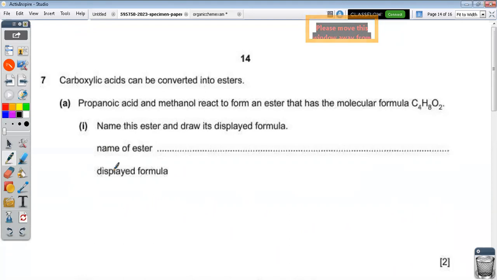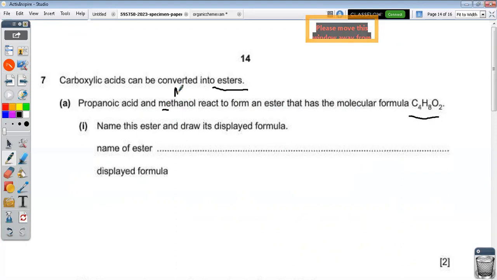Carboxylic acids can be converted into esters. Propanoic acid and methanol react to form an ester that has this formula here. Give the name. I explained the other day that because we're saying propanoic acid, the first naming comes from the alcohol.